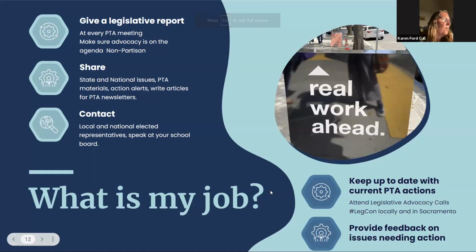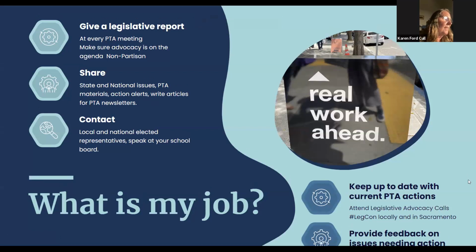Okay, yeah. So the most basic level of what is the job of a legislative advocacy chair. The first is at each meeting to make sure that advocacy is on the agenda and that it's non-partisan. We've talked about what non-partisan means.